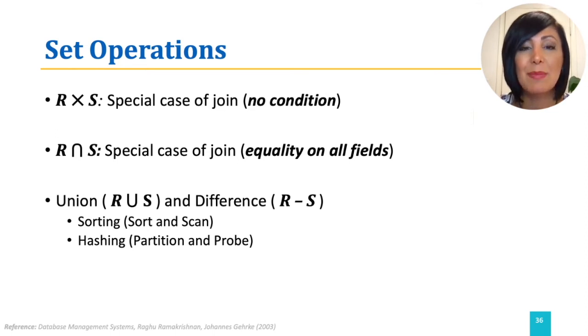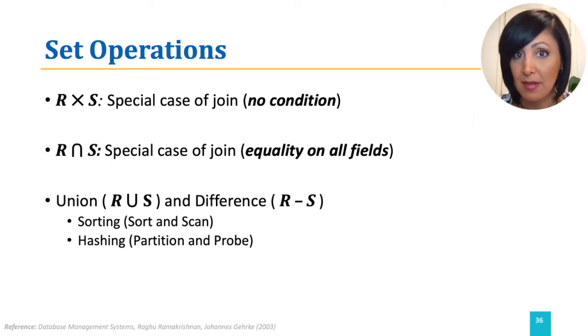Let's first discuss implementation based on sorting. For sorting-based implementation of set operations, a variant of sort, merge, join after the sort step can be used. The general steps are first sorting a relation R using the combination of all fields. Then sorting relation S using the combination of all fields.